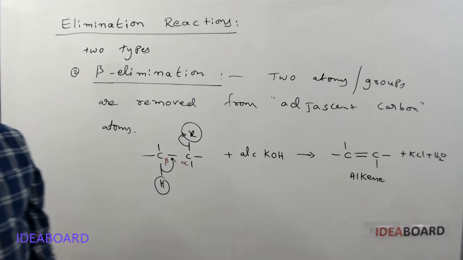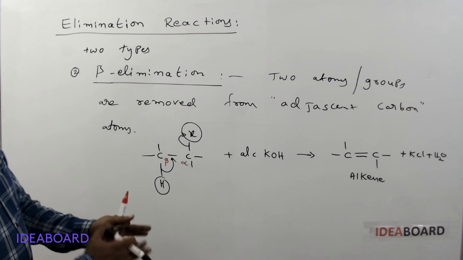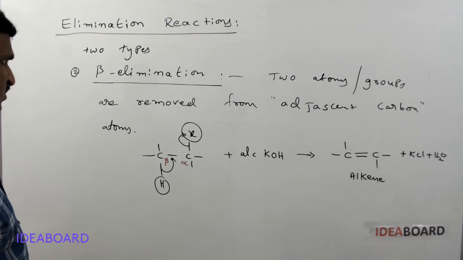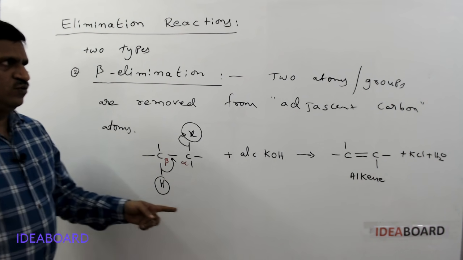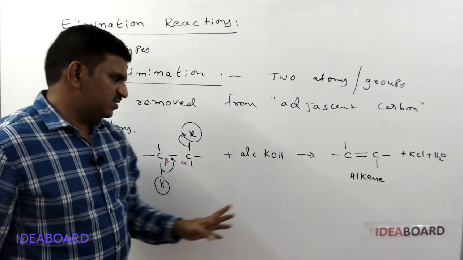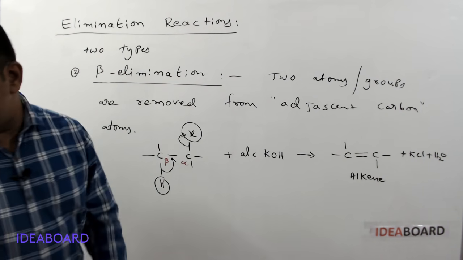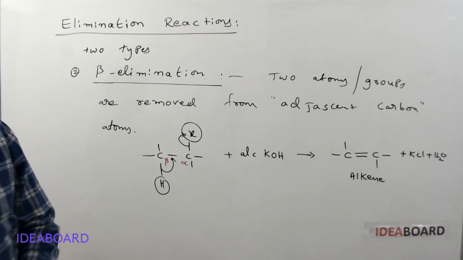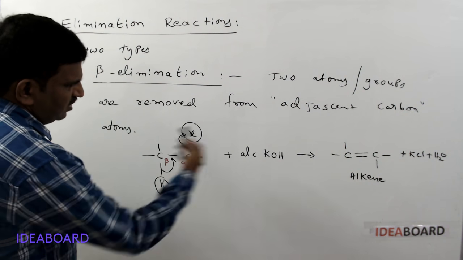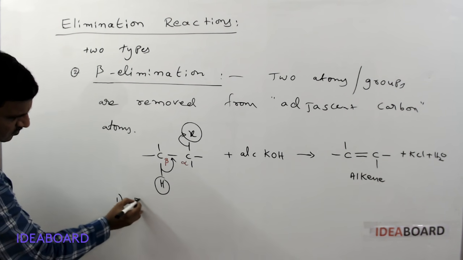Generally elimination products are alkenes and alkynes normally. Very common reactions are alkene, alkyne or unsaturated compound formation. So beta elimination means two atoms or groups removed from adjacent carbons, that is, alpha and beta carbons. And in this beta elimination process we mainly have three types.